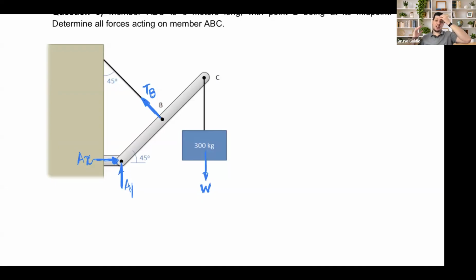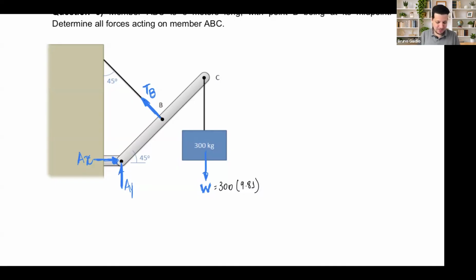And pay attention, guys. I had a few of you still using kilograms in your calculation. You need to change it to newtons. I have been using 9.81. Some of you used 9.8, which was fine, but if you can, for the final exam, please use 9.81, so it's a little bit easier to check the answers.